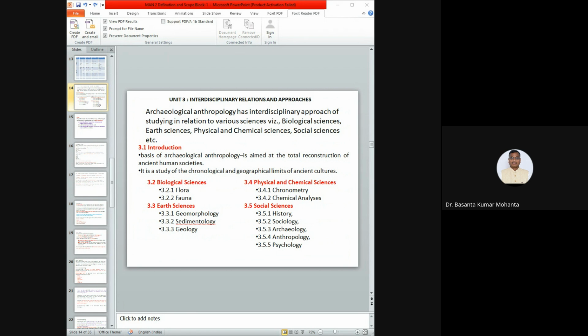Studying the fossil primates helps us to understand their form, shape, size, height, cranial capacity, etc., and how these kinds of biological characteristic features are related to the past culture, to the primitive culture. So it helps us.